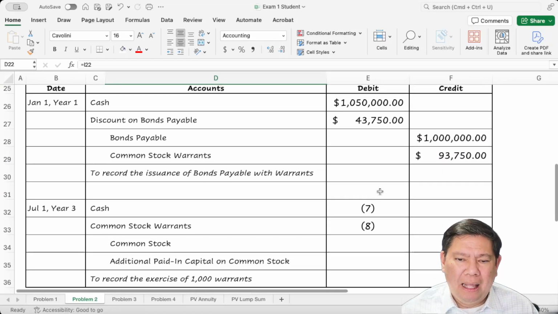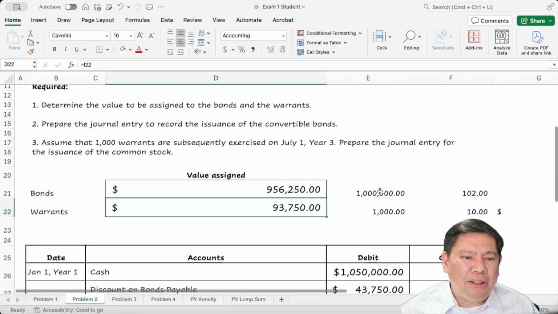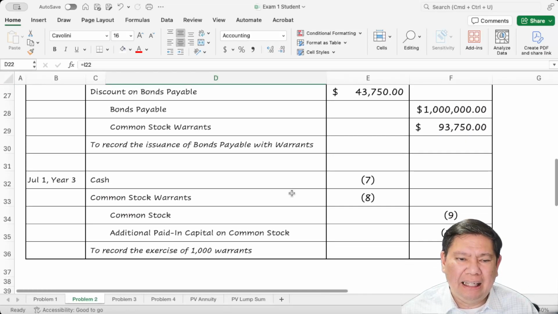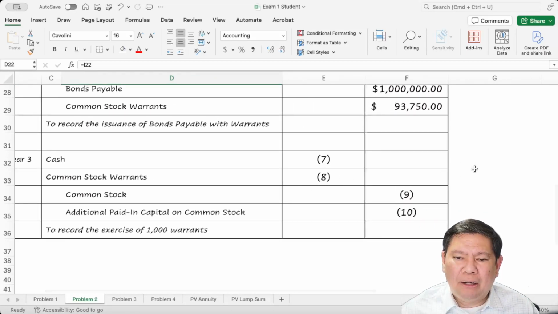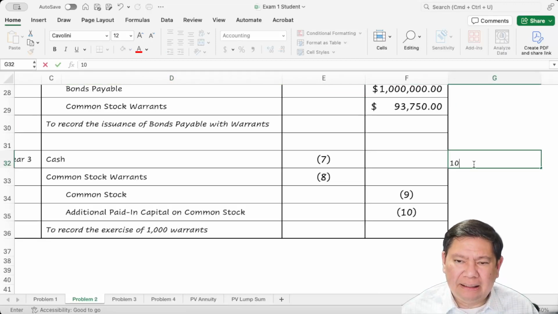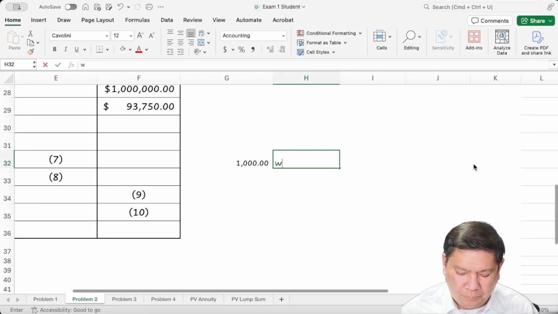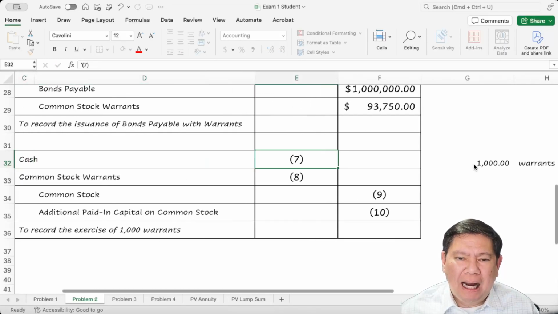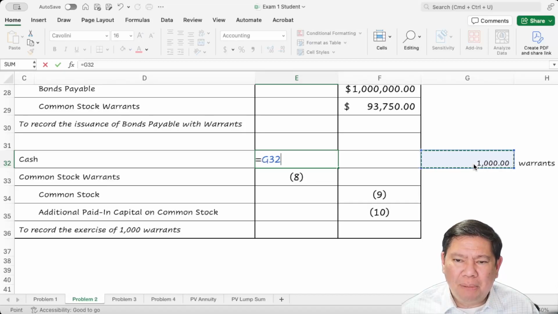Okay, and then on July 1st, question number 3, 1,000 warrants are exercised. The exercise price is 25, so we just multiply 1,000 times 25.